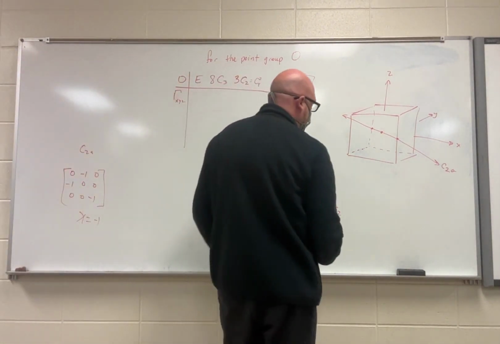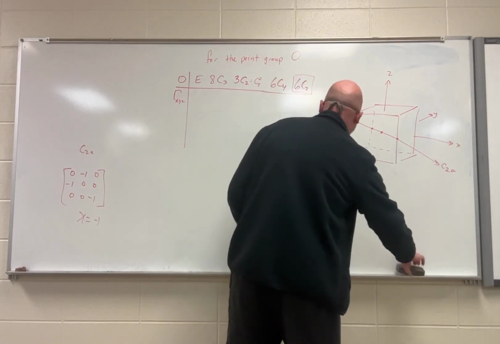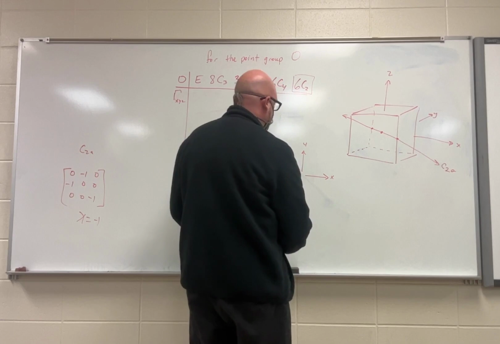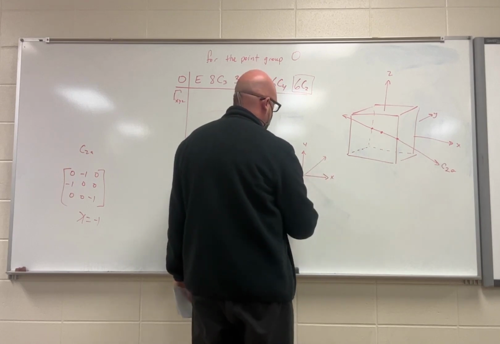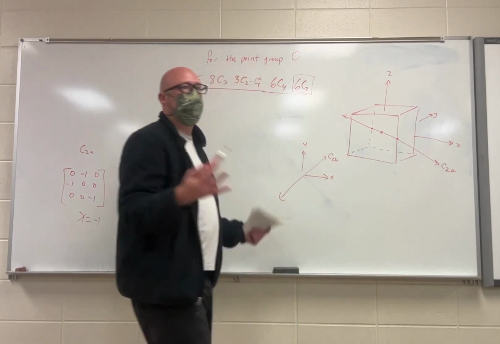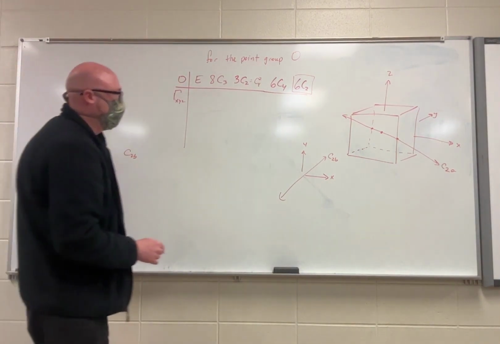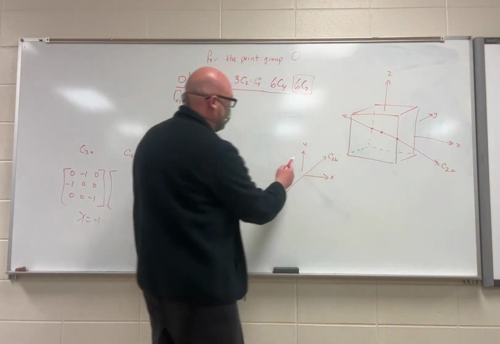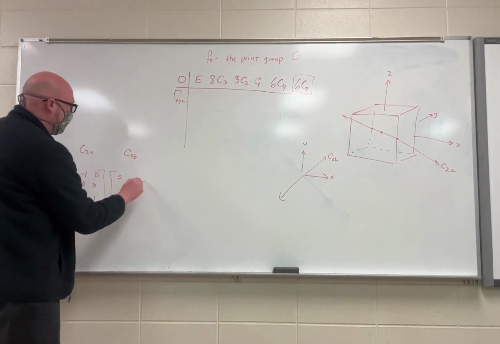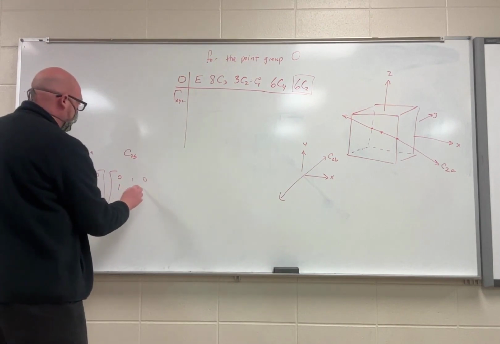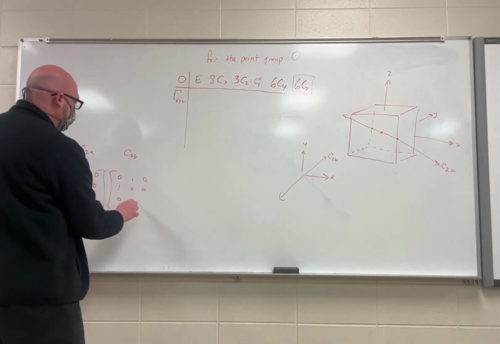So that C2A, you can draw another C2 that's perpendicular to Z that goes like this, and you can call that one C2B, for example, right? In that transformation matrix, you see X goes to Y, Y goes to X, and Z goes to its negative.